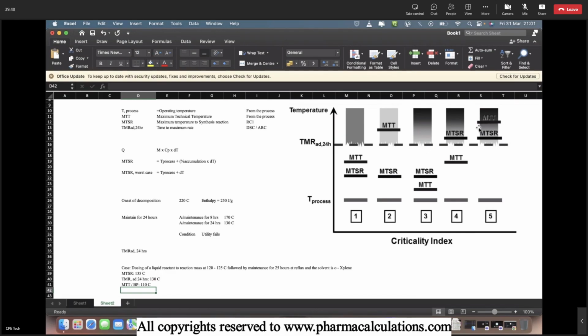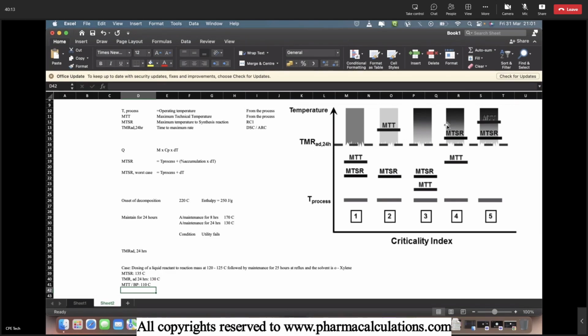Now I have changed the solvent, so the boiling point is reduced from 144 to 110 degrees centigrade. So this MTT gets below the onset of decomposition. So now we can say MTT is below the line of decomposition, followed by the TMR ad 24, followed by the MTSR.